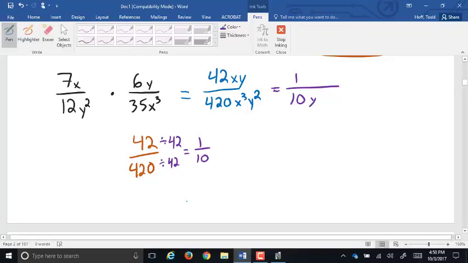In the bottom, power of 2, good. Think of that as x to the 1, so x to the third is larger, ends up on bottom. 3 minus 1 is 2. And how about the y? Bottom, power of 1, or just y. 2 minus 1 is 1, so y to the 1, or just y. So that is 1 over 10x squared y.